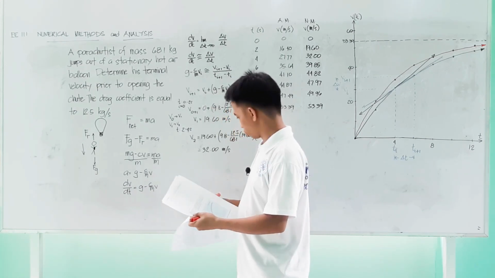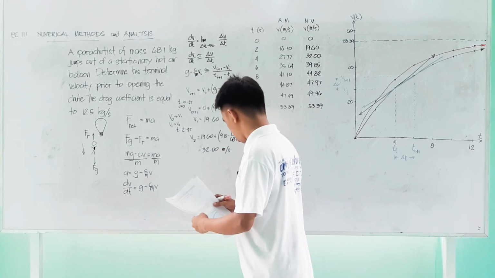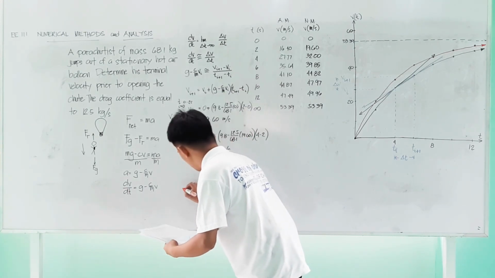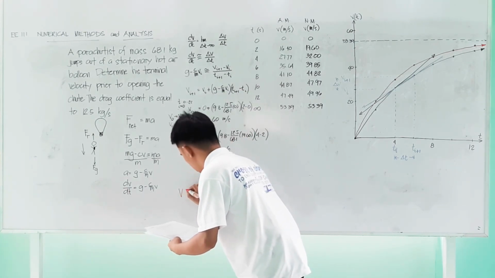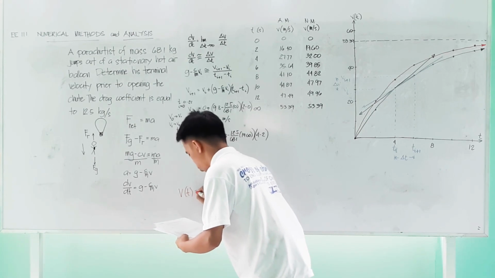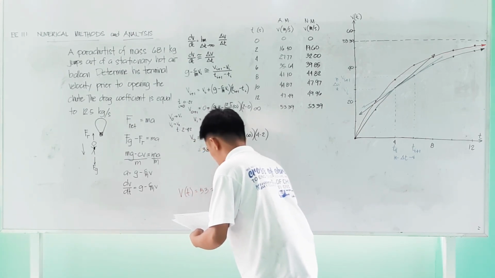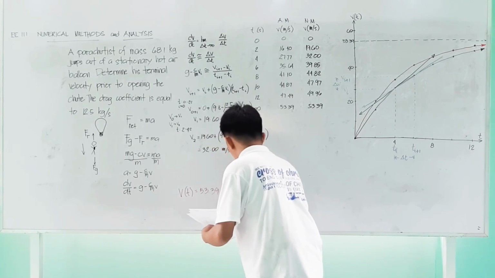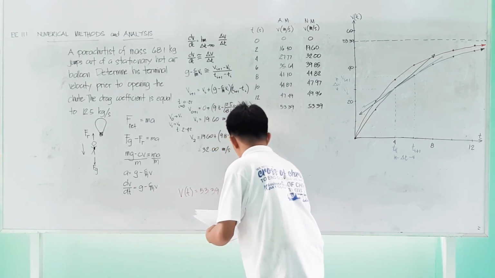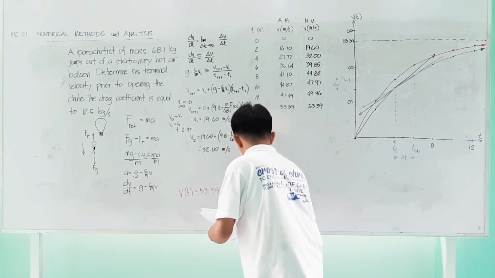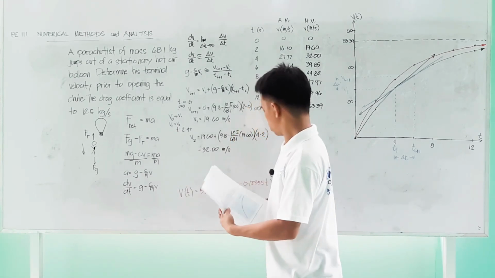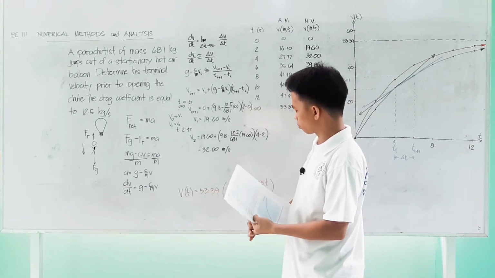We had V(t) equals 53.39 times (1 minus e to the power of something).